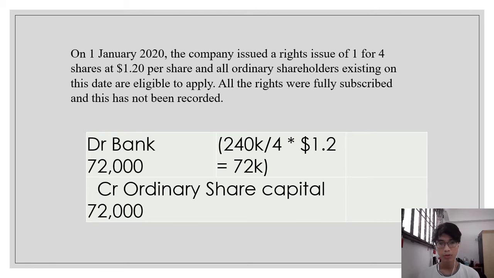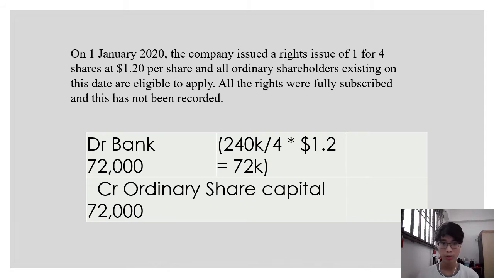Next, on 1st January 2020, the company issued a rights issue of 1 for 4 shares at $1.20 per share, and all ordinary shareholders existing on this date are eligible to apply. All the rights were fully subscribed, and this has not been recorded. So this is a rights issue, and all ordinary shareholders existing on 1st January 2020 are allowed to subscribe. As such, we have to add the figure from the previous question, as an ordinary share capital of 40,000 was given on 1st August 2019.